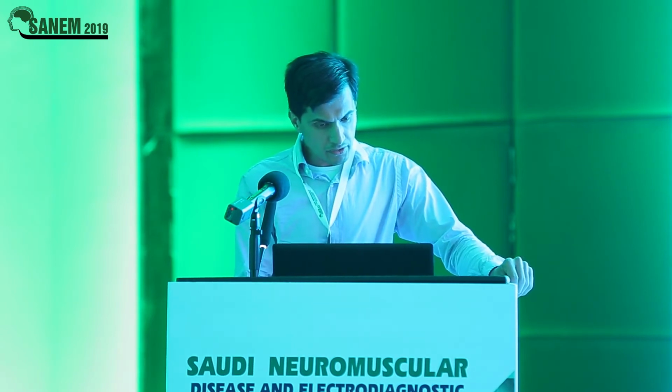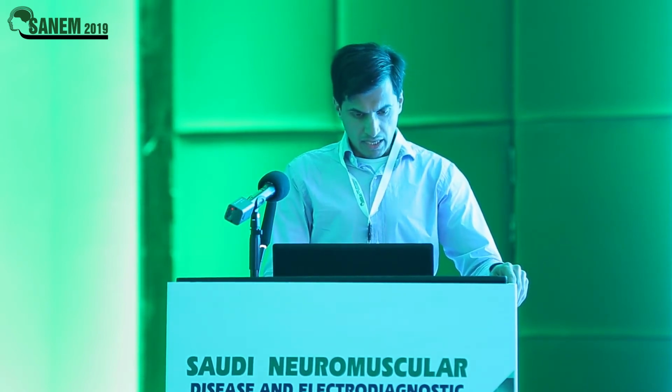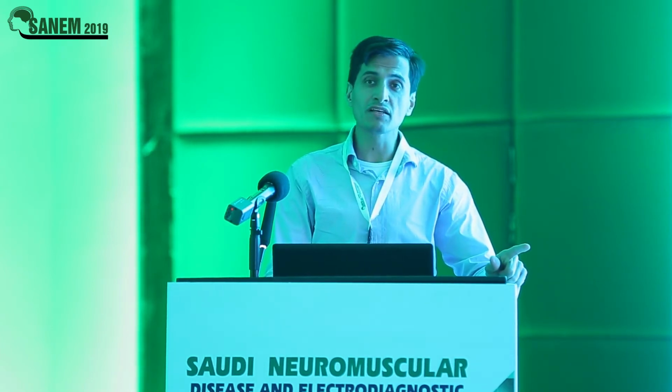Symmetric findings, because ALS usually starts focally, and duration greater than 2 years, because we know that the mortality is quite high in the first few years. And young age at onset. The last patient I saw with ALS was 43, so it's not unusual for a patient to present early on.